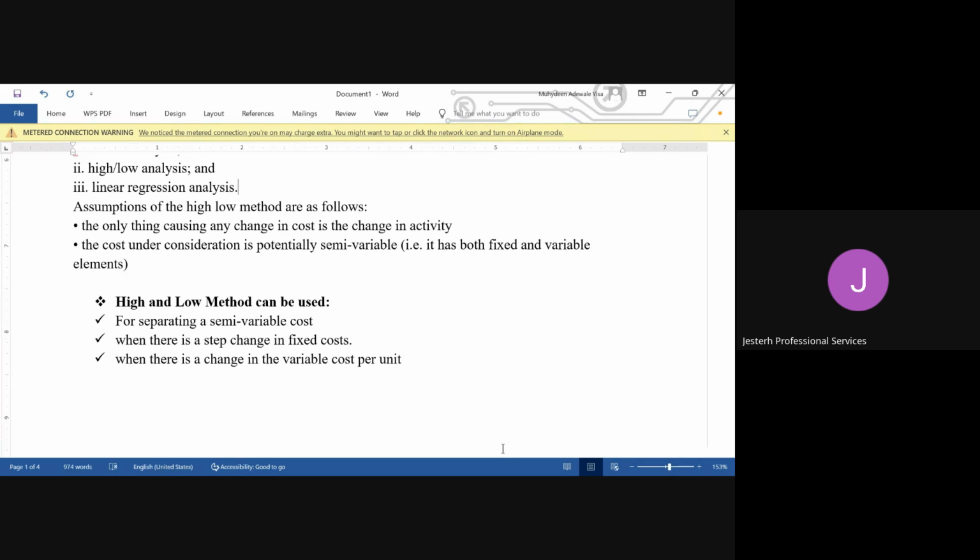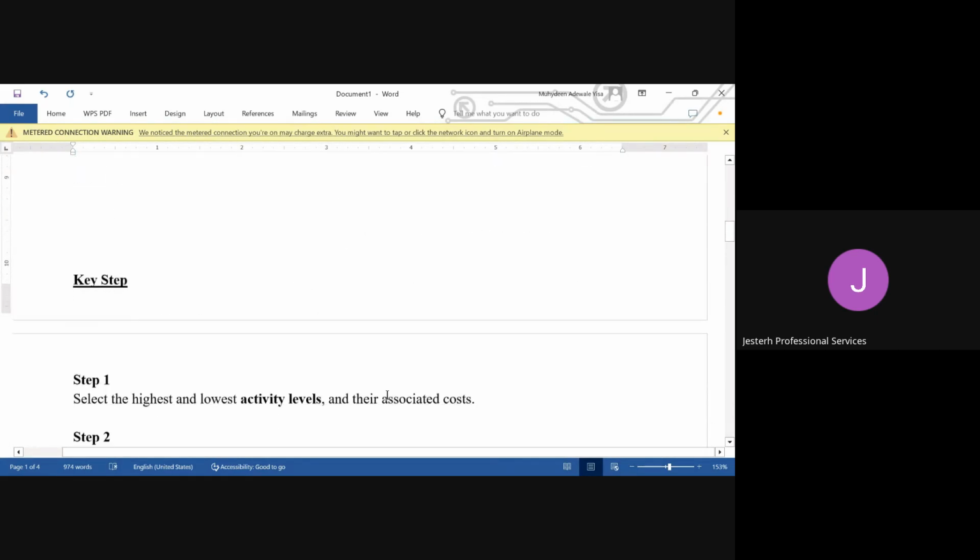And then when the level of activities increases to like 15,000, we now have the opportunity to minimize the variable cost per unit, maybe to like 2.5 naira per unit. When there is a change in the variable costs, we can also utilize the high and low method.